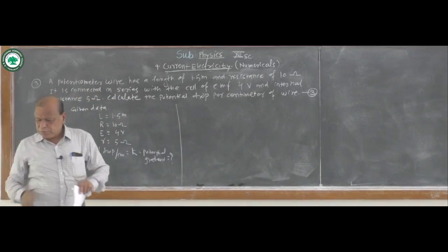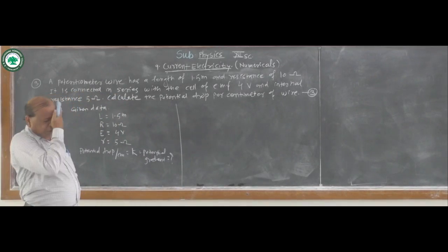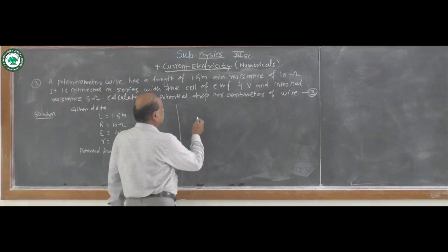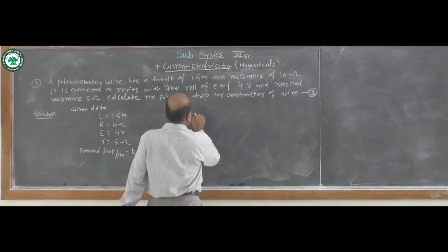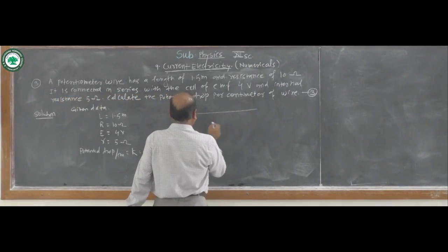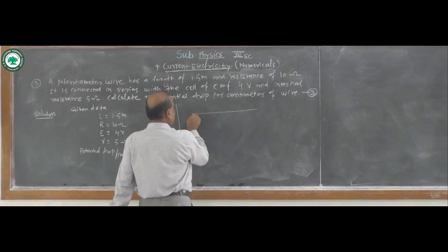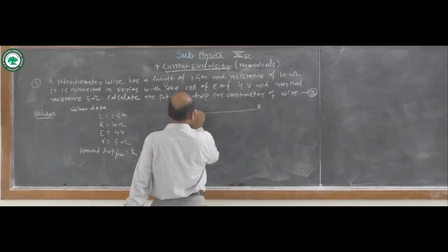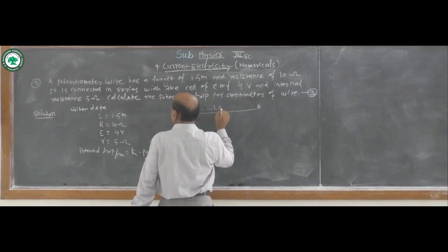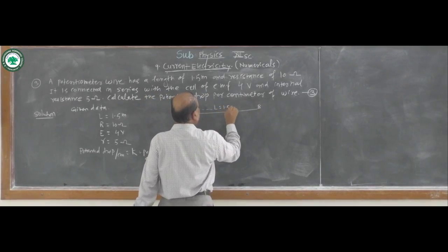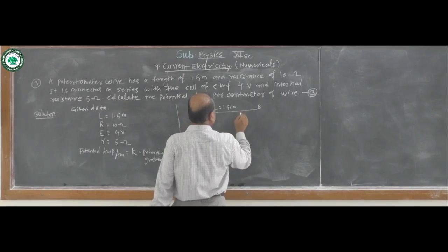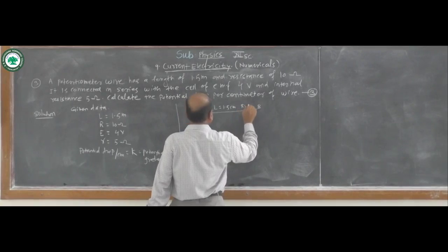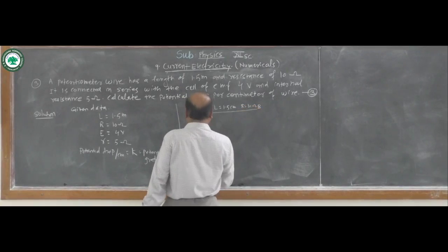Now, from the potentiometer experiment, here a wire AB, whose length is L equal to 1.5 meter, and its resistance R is equal to 10 ohm.